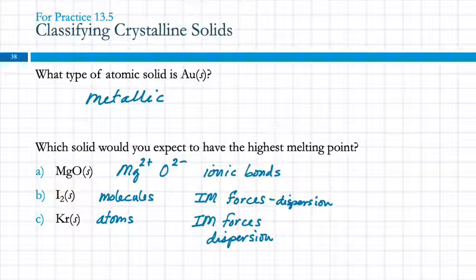That's a good question. Which is stronger, an ionic bond or a covalent bond? You can't answer that with a blanket statement. It depends. Yeah, it's complicated, right?